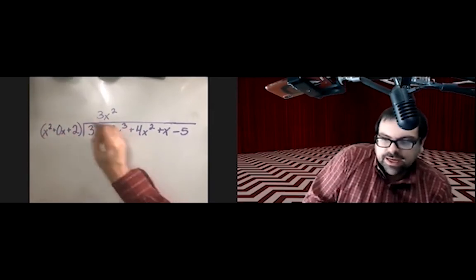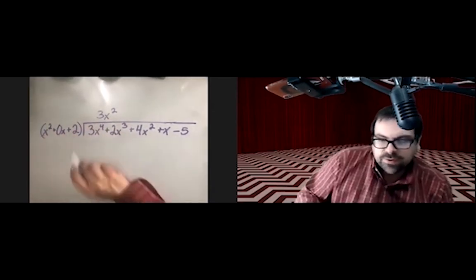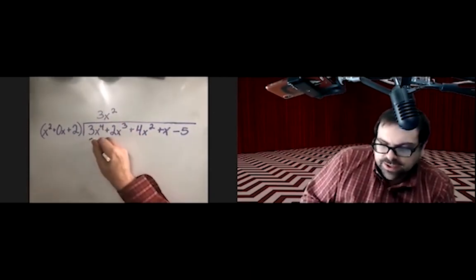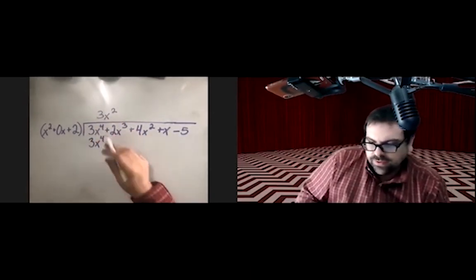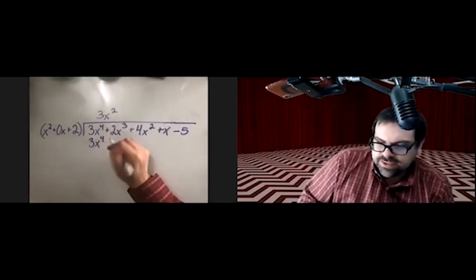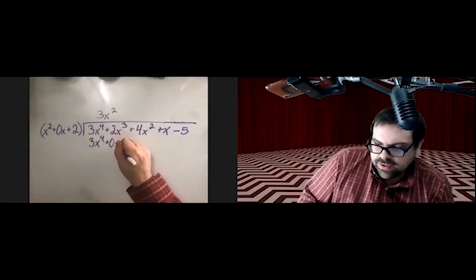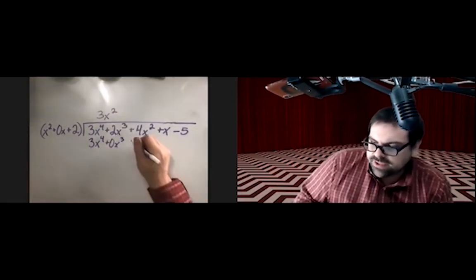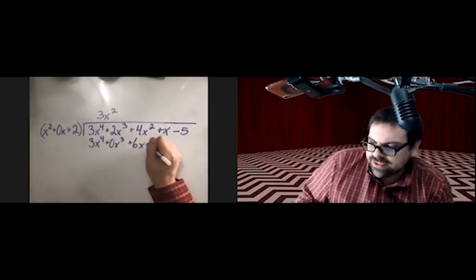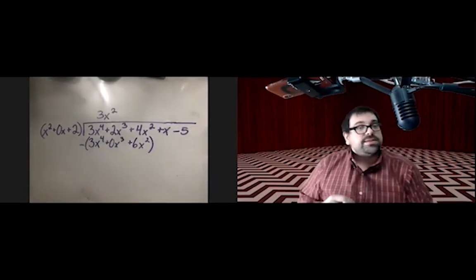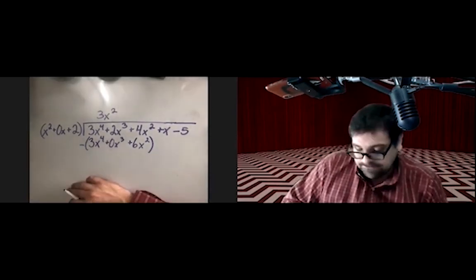Multiply by the entire x squared plus 0x plus 2. 3x squared times x squared is 3x to the 4th. 3x squared times 0x, that's going to be the 0x cubed. 3x squared times positive 2, that's positive 6x squared. Subtract, but make sure you have your parentheses because you're subtracting the whole thing.